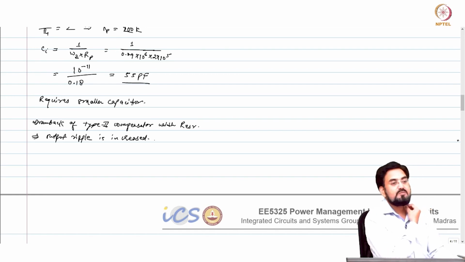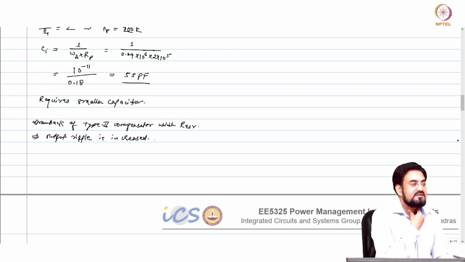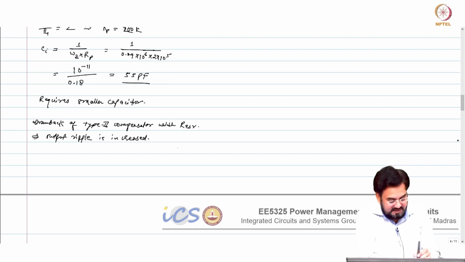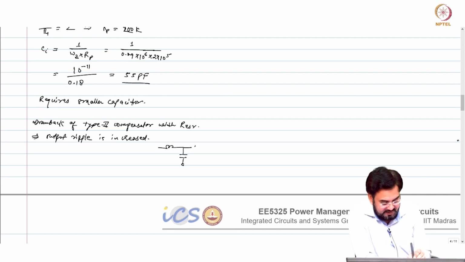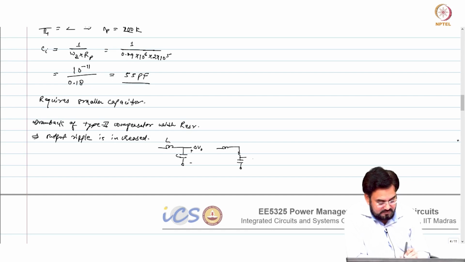Okay, your output ripple is increased. Why is it increased? If I call it delta V naught ripple, what will this be?